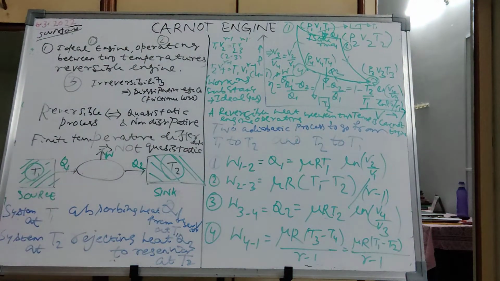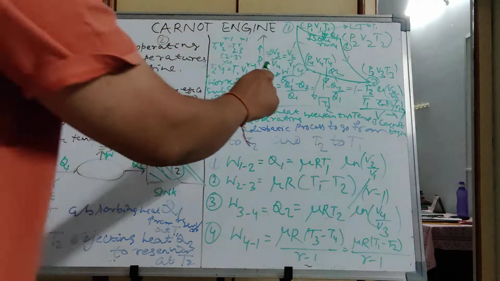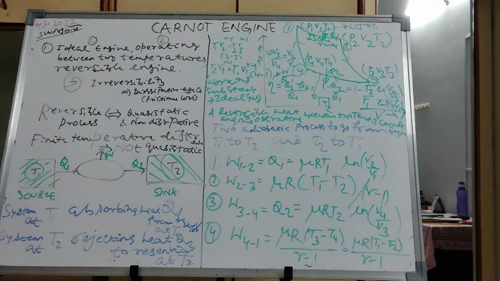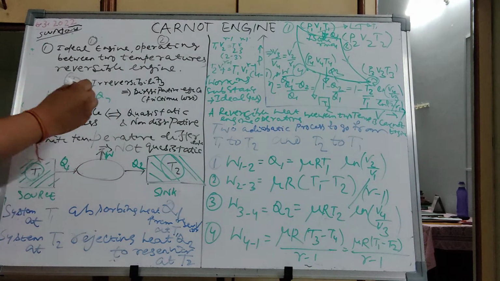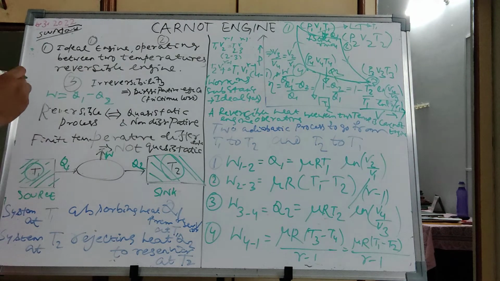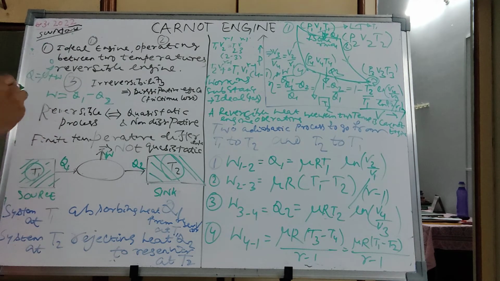Q1 means how much heat you have taken, and W is how much of that heat you have converted to work. So efficiency is nothing but work done divided by Q1. And again, you know work done is equal to Q1 minus Q2. From the first law of thermodynamics, Q is equal to U plus W. In this case, because it is a cyclic process, the change in U is equal to 0. So Q is equal to W.